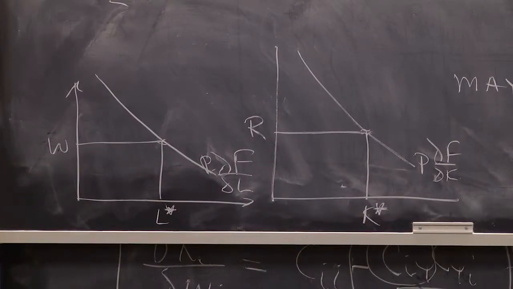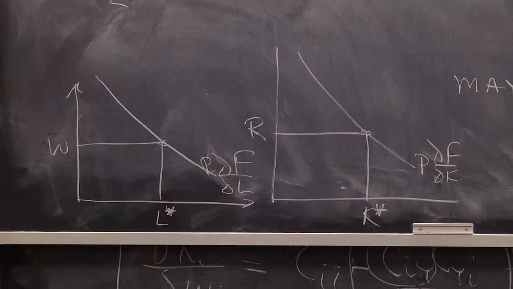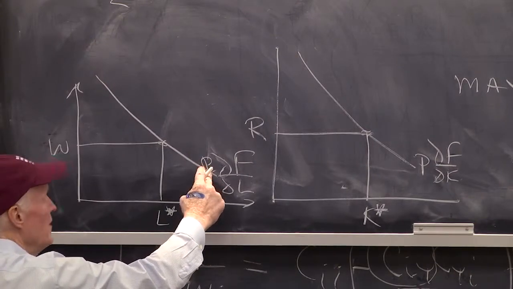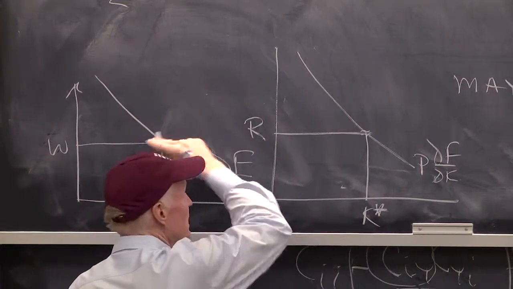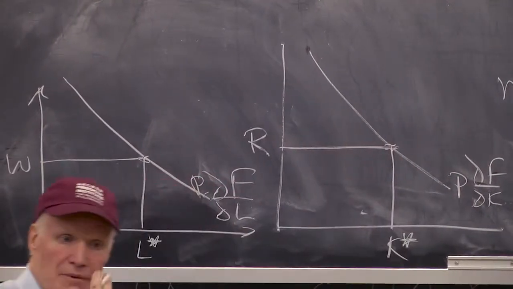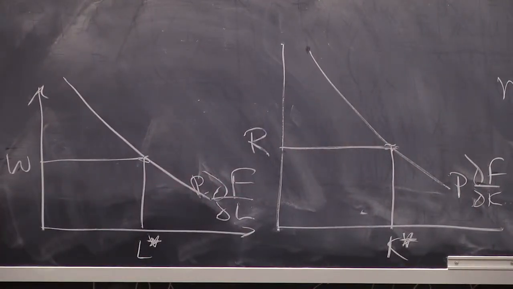And so that would be a way to describe the firm's optimality choice, right? They would be choosing L and K to maximize profits, which means you have to simultaneously set the value marginal product of labor equal to the wage rate and the value marginal product of capital equal to the rental price of capital. So that would be the firm's problem.